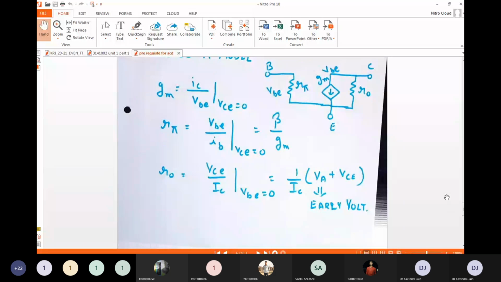This is the hybrid pi model for CE configuration. Please note down the parameters as well as the circuit. In case anything is not visible, please ask me.